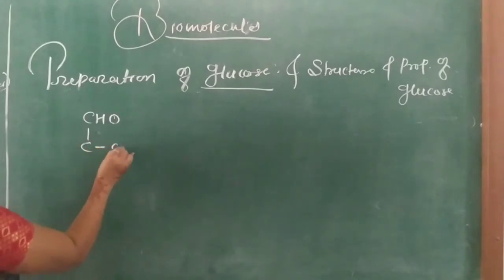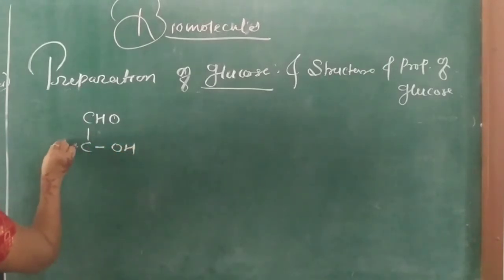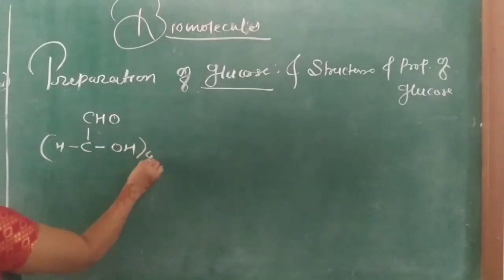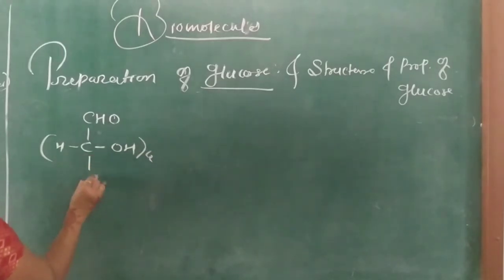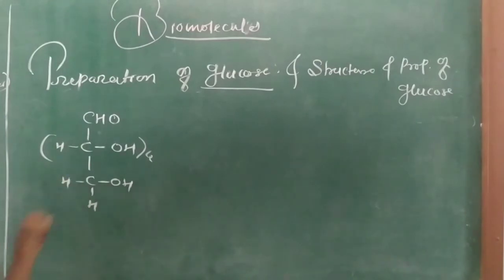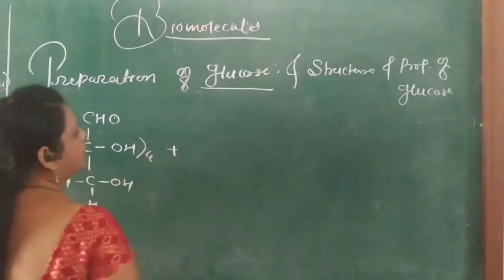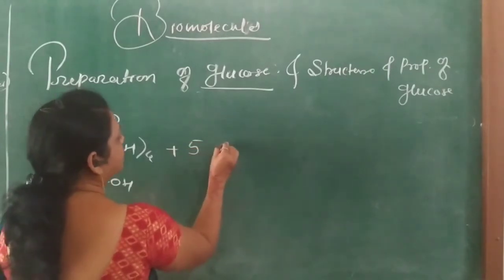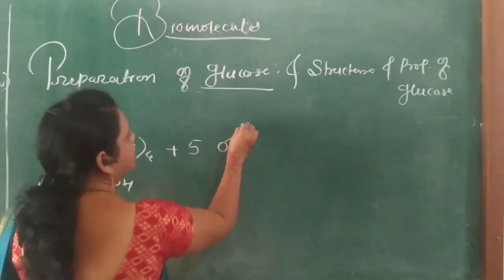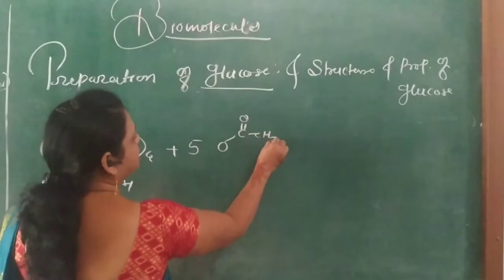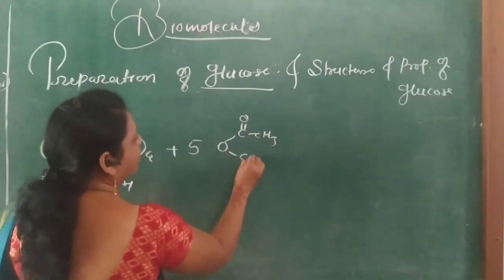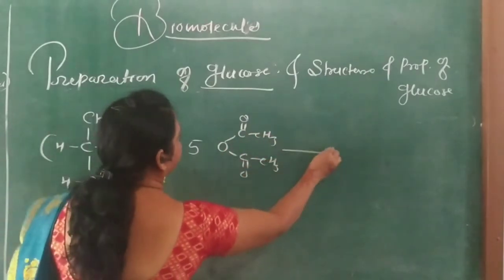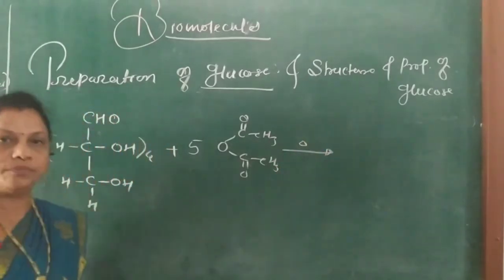Now here CHOH by 4, and now here CH2OH, plus acetic anhydride 5 times, O, C double bond O, CH3, C double bond O, CH3. This is called acetylation.